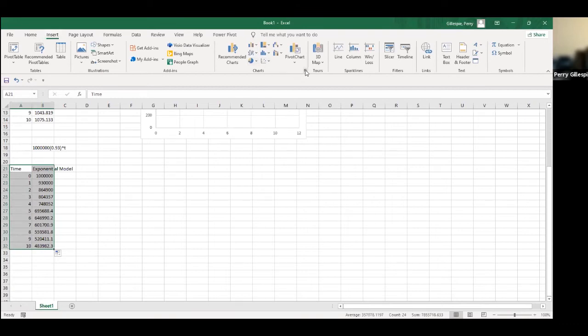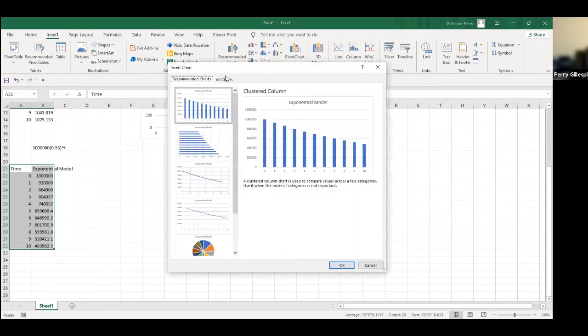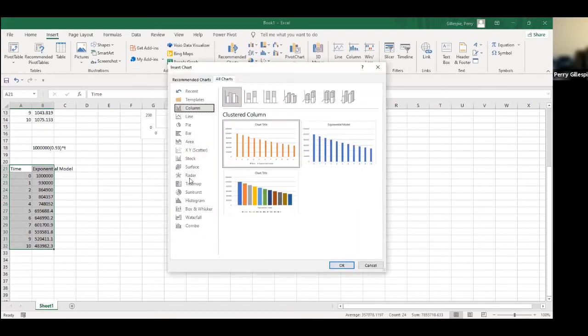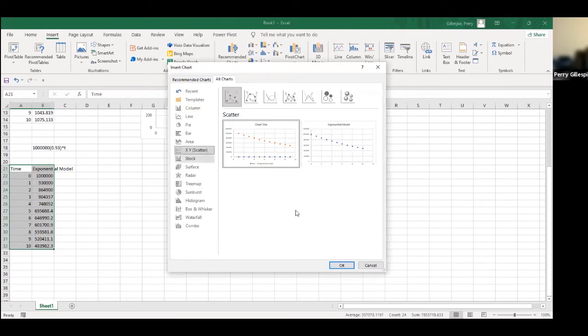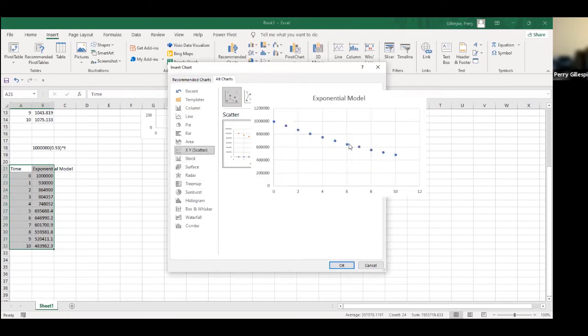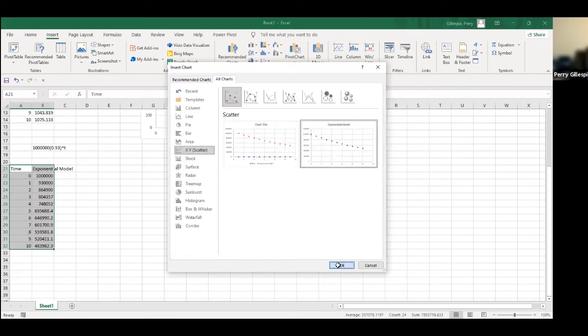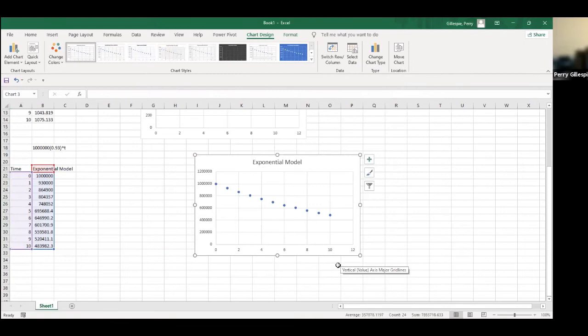If you don't see it, hit all charts, go to the scatter, and here is the exponential model that we want. Hit OK. Now you see that the dots are decreasing, going down. That's what we want because we already stated that this was an example of exponential decay.